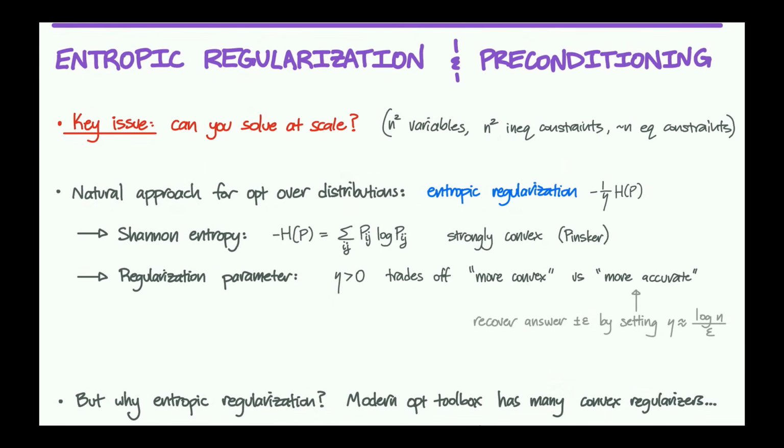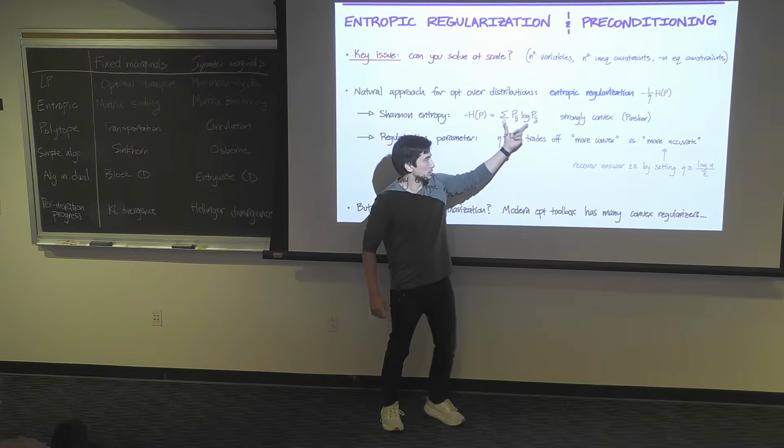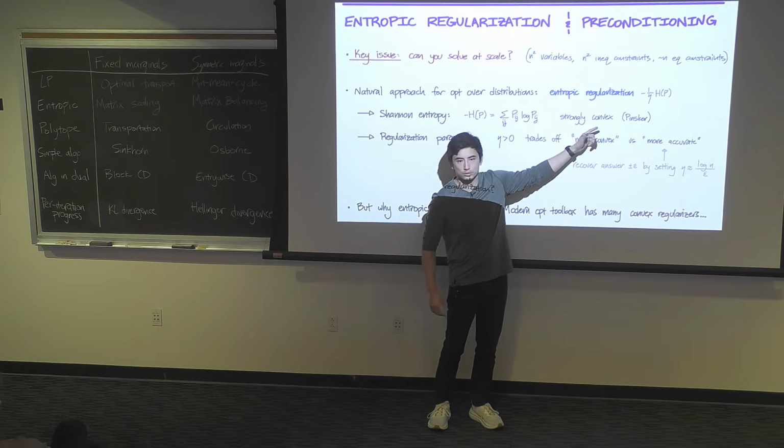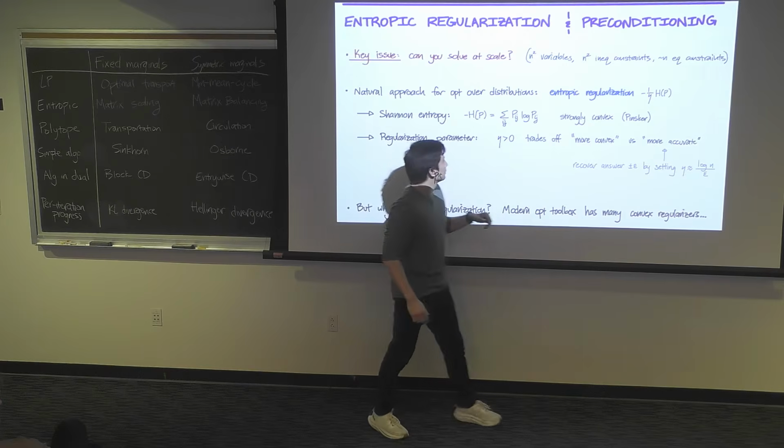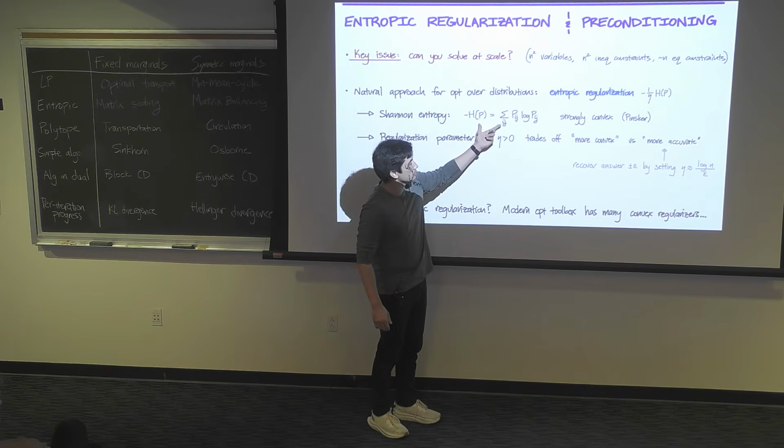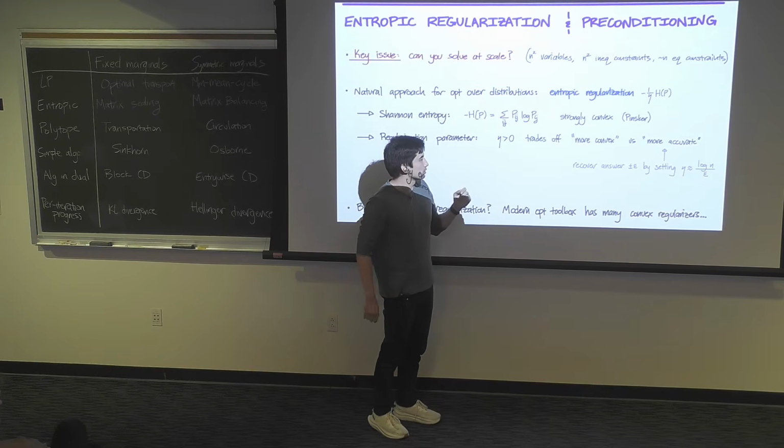Of course, many convex regularizers you could use. Because these are optimization over distributions, one natural one is entropic regularization. So you add some amount of negative Shannon entropy, which is just you treat the joint distribution, vectorize it, and do Pij log Pij. This is strongly convex with respect to the right distribution metric, L1, by Pinsker's inequality. And so as you add more entropy, you make the problem more convex in a sense.